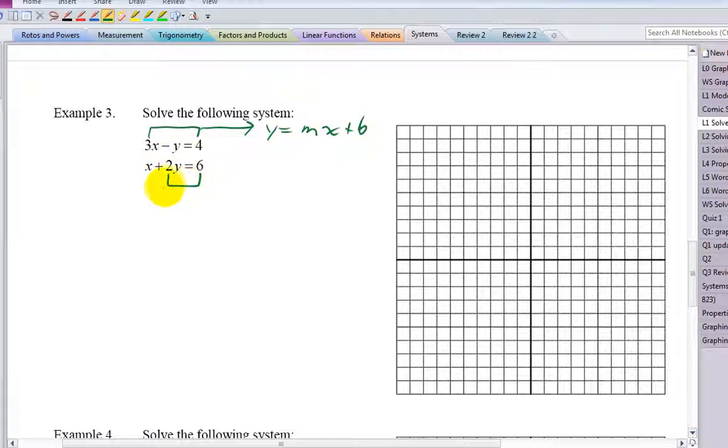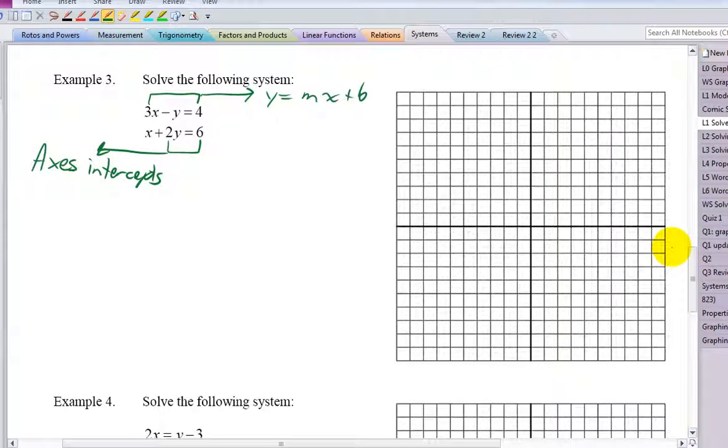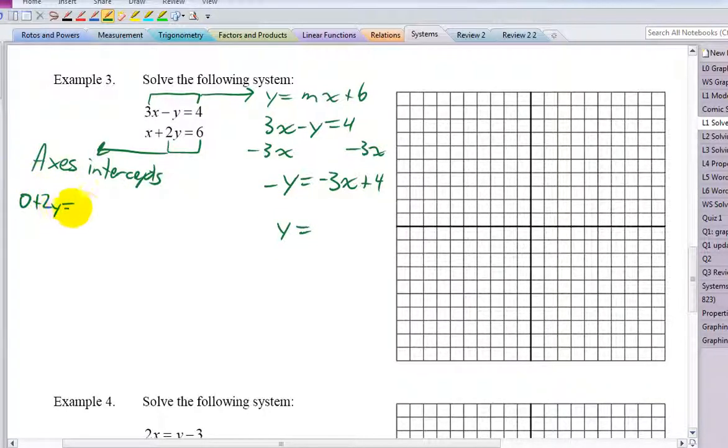Because this one, 2 and 6 divide nicely, use your axes intercepts. Okay, go ahead, finish off the math.